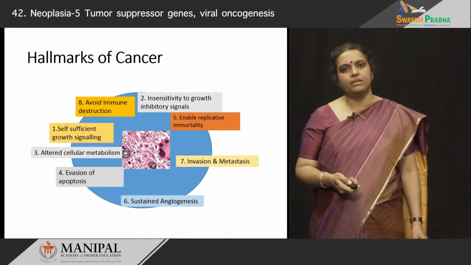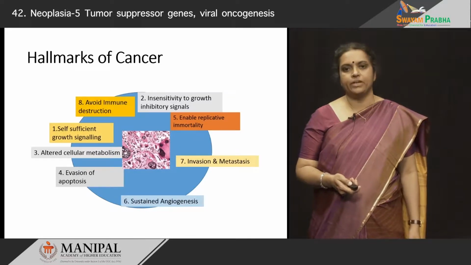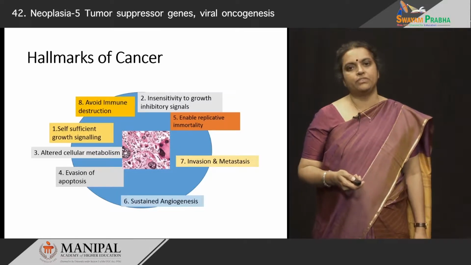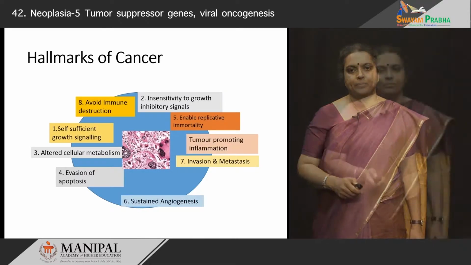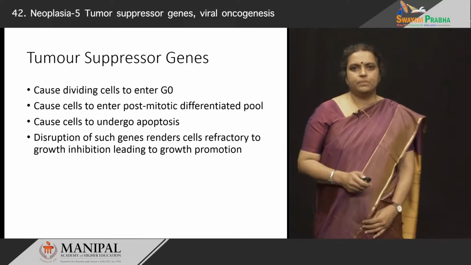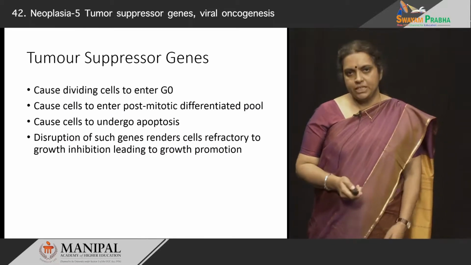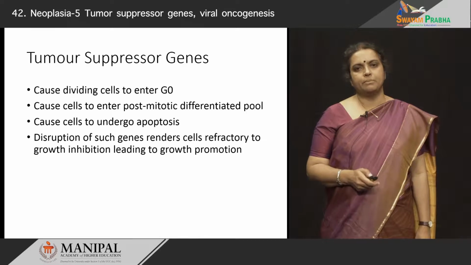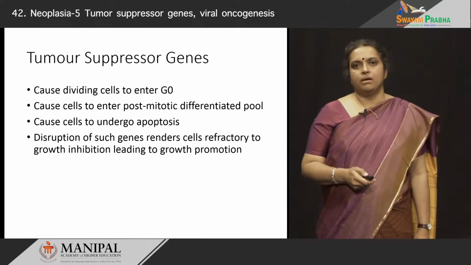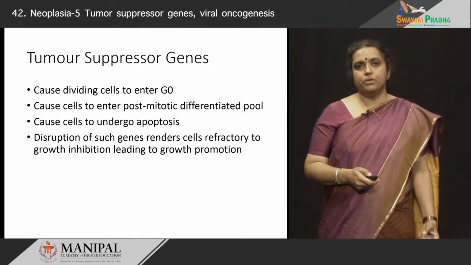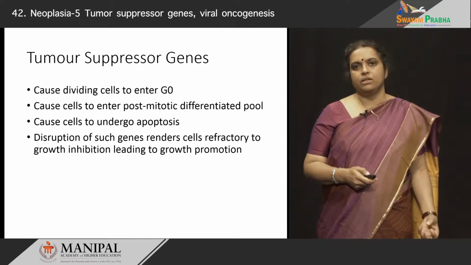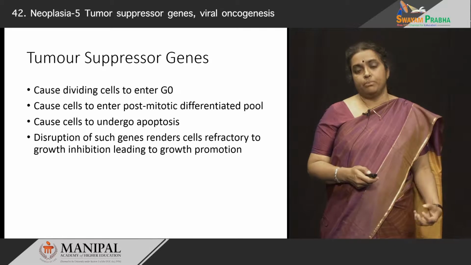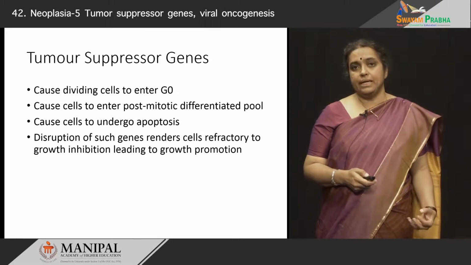So, today's class will concentrate on the second point, which is the insensitivity of the cancer cell to growth inhibitory signals. Right. Now, this very important group of genes, which are known as tumor suppressor genes, cause the normal cells not to proliferate in an excessive manner.